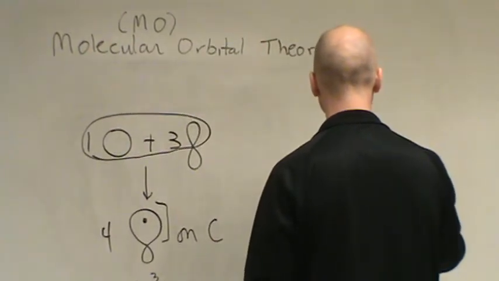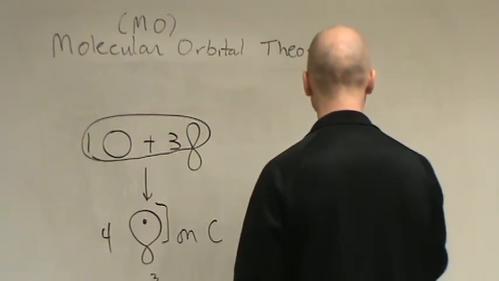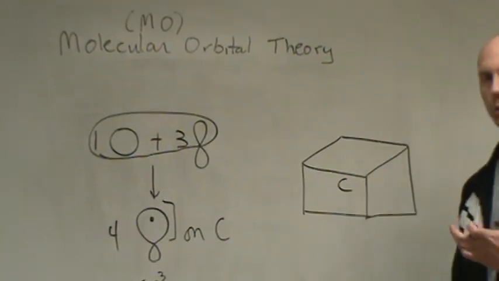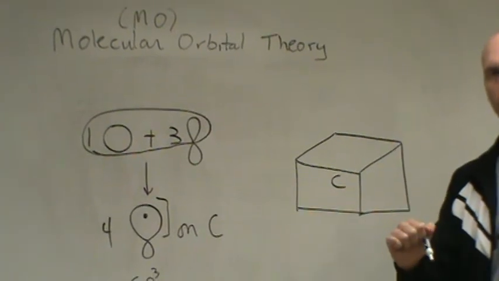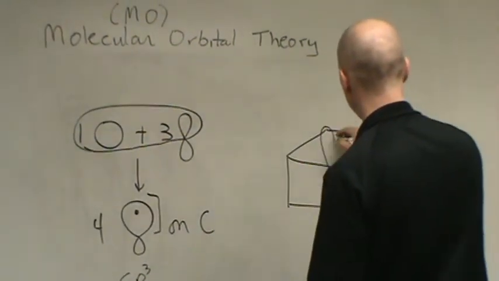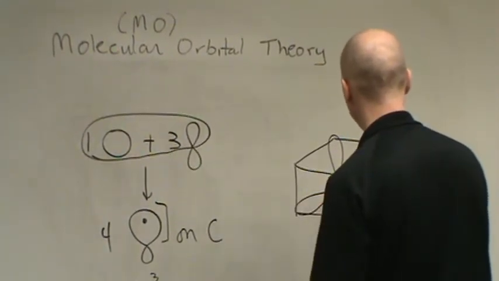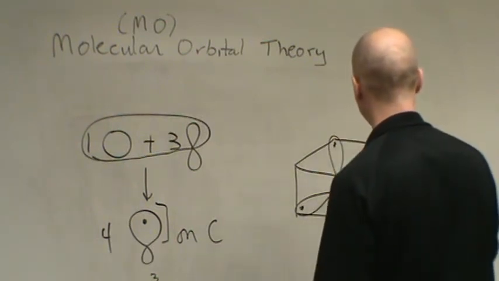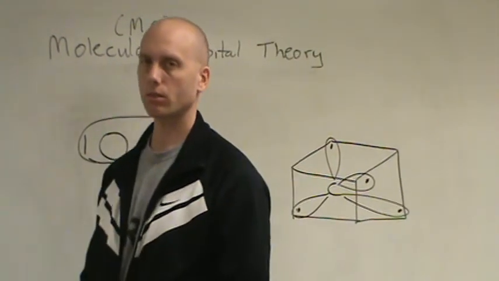What we're going to do is put the carbon in a box, because we want to put these four lobes as far apart from each other as possible. And the best way to do that is to put them on opposite corners of the box. And they all have their single electron in there.